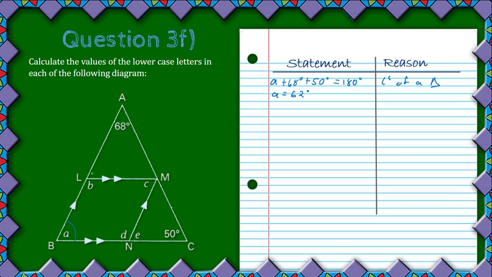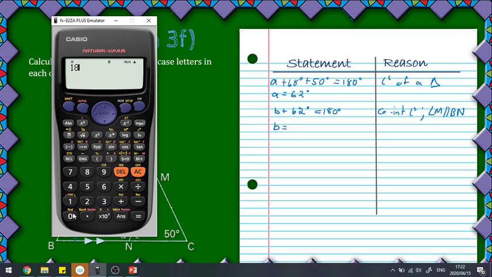Right, now B. Now B and A are co-interior angles, so that means that B plus A will be equal to 180 degrees. So my reason is co-interior angles, and my parallel lines are LM being parallel to BN. Right, so B is equal to 180 minus 62.